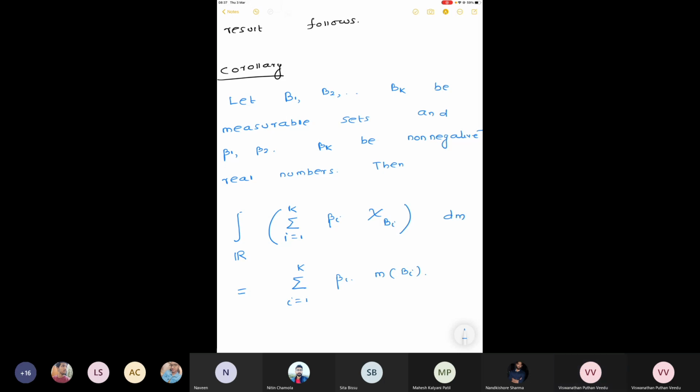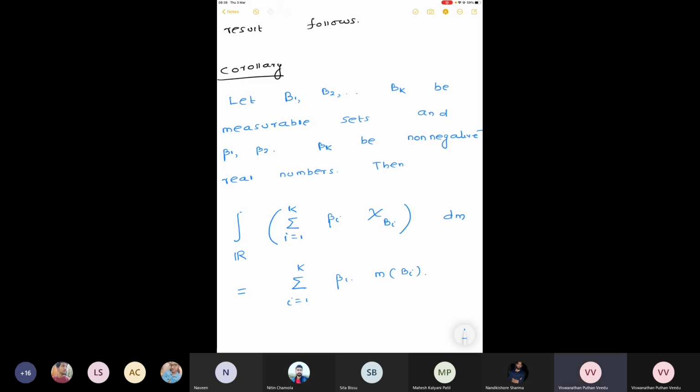However, that may not be in the canonical form, and that may not be in the form where the sets involved are disjoint. If you see B1, B2, etc., Bk, disjoint is not given.